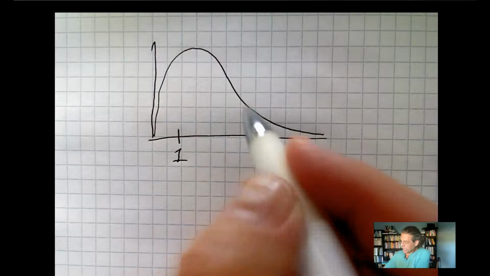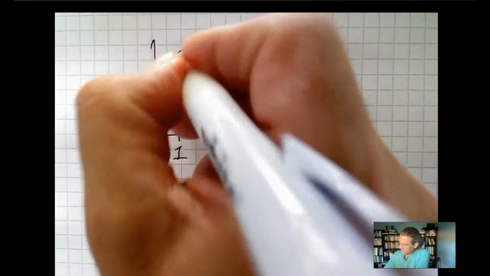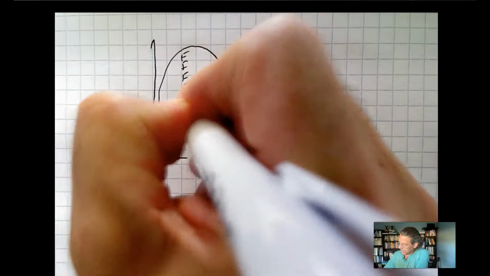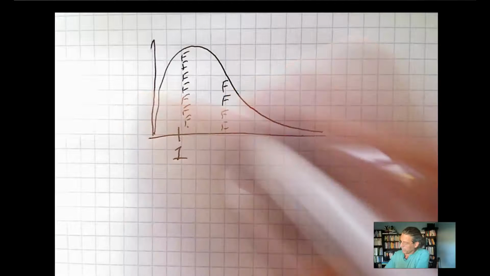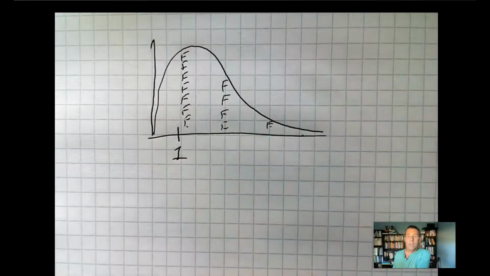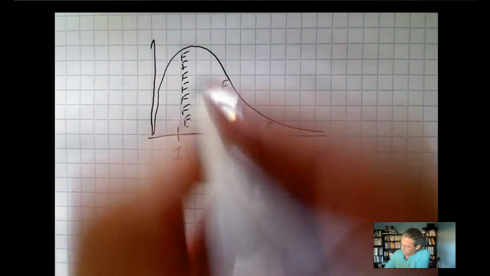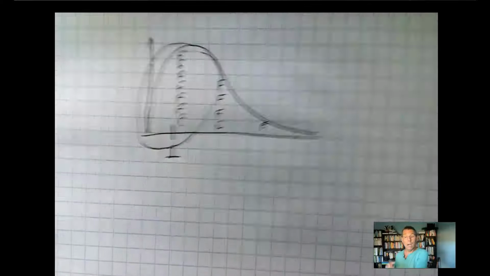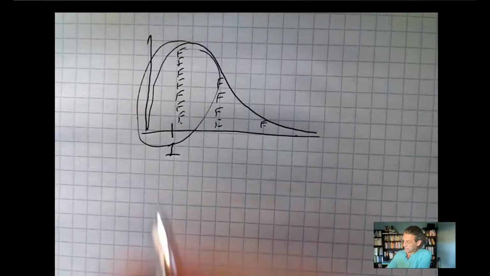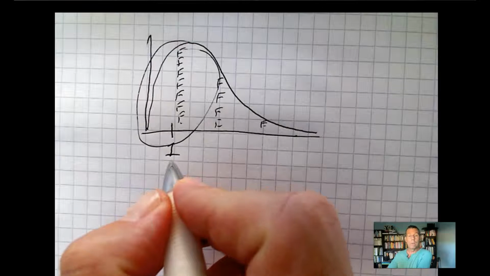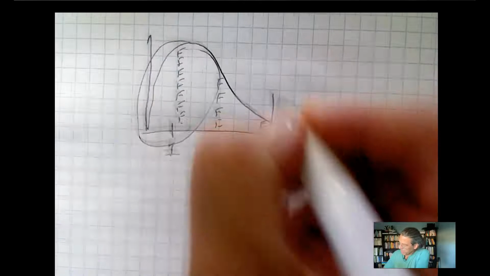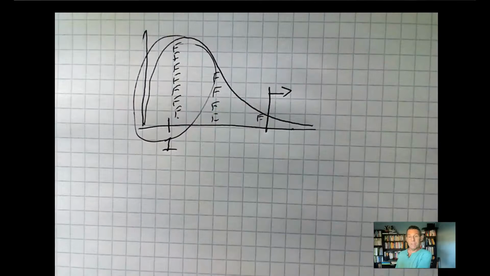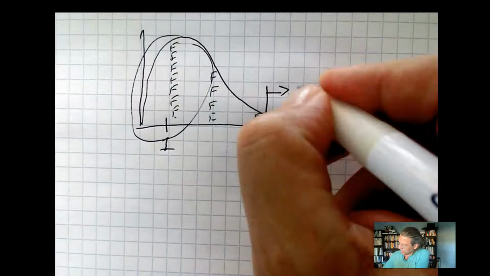Think of these again as a bunch of F's stacked on top of each other. These are all the F ratios we could get at different levels. So there's a little bit fewer up here and very few up here, and so on. So these F's down here are consistent with the null hypothesis because they're close to 1. Okay, so then we get to our extreme F's. Everything to the side, to the right here, is our critical region.